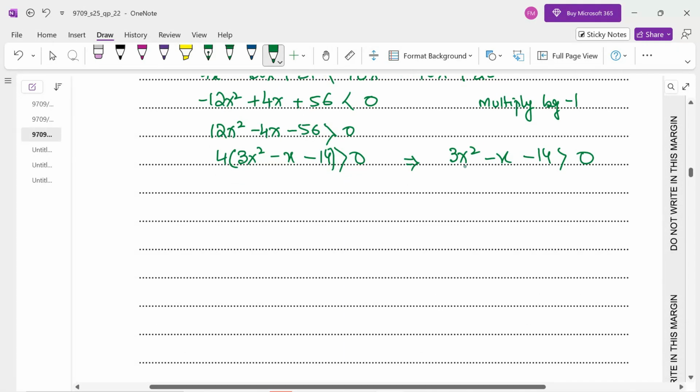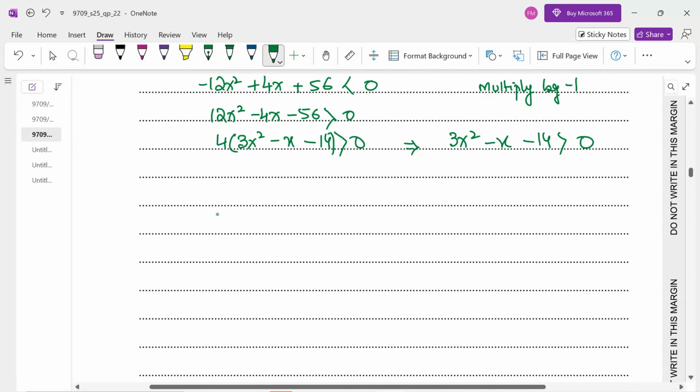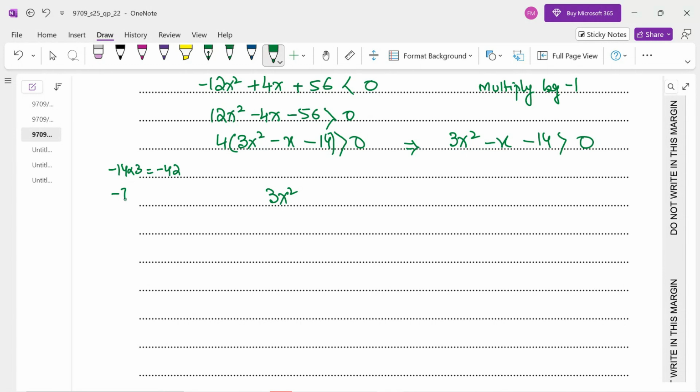Okay, this is a quadratic inequality. We solve it by factorization. We will have 3x square, and negative 14 times 3 is negative 42. So negative 7 times 6 is also negative 42. So we will have 3x square minus 7x plus 6x minus 14 greater than 0.